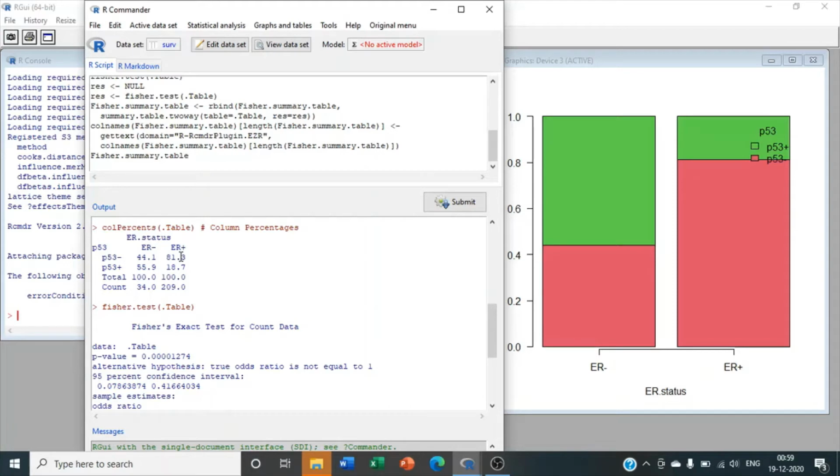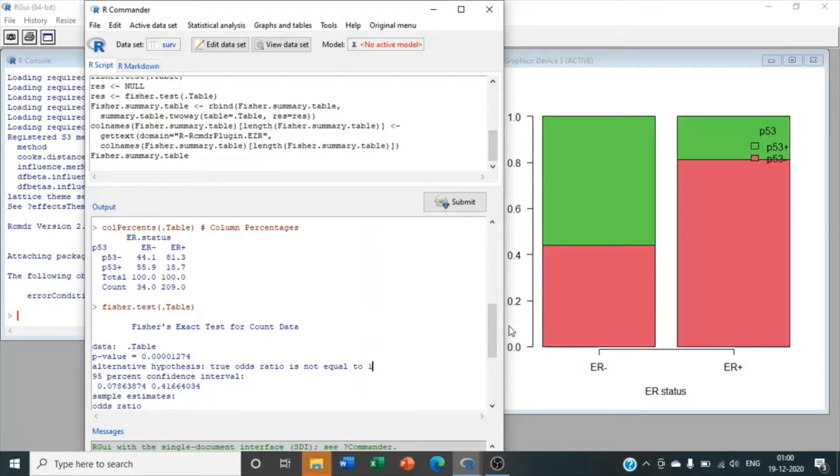It is far lesser. So the odds of getting ER positive cases in P53 mutant cases are far lesser than that in P53 wild type cases.